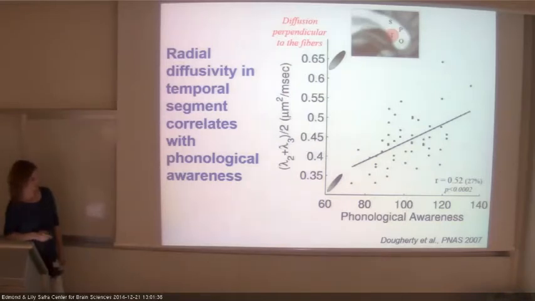So the point, and I'm debating with myself whether I should explain what phonological awareness means, because it's not extremely important to the point I'm trying to make. I'm trying to make the point that there could be an effect that you can measure as a correlation across a group that you wouldn't be able to measure in the average brain using voxel-based methods, because registration would just kill the power of that effect.